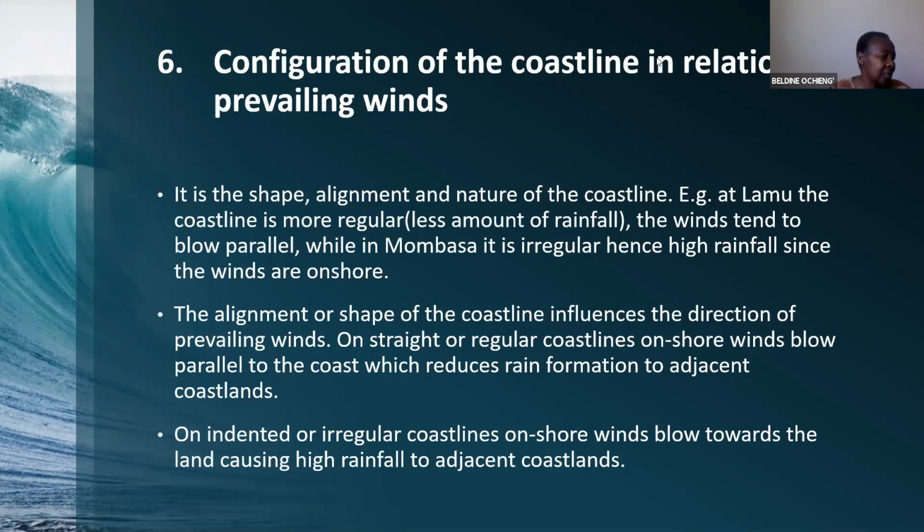On straight or regular, the way we've given the example of Lamu, it will give us little rainfall because it is parallel. But on indented or irregular coastlines, onshore winds blow towards the land, causing high rainfall to adjacent coastlands, like our example of Mombasa Island.